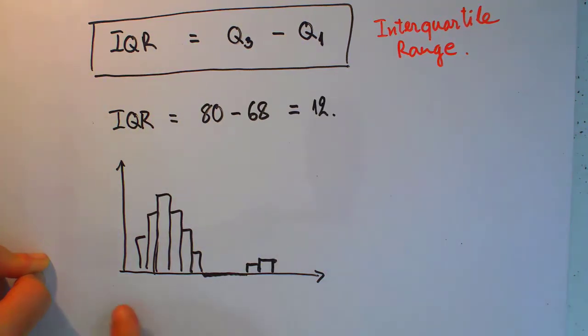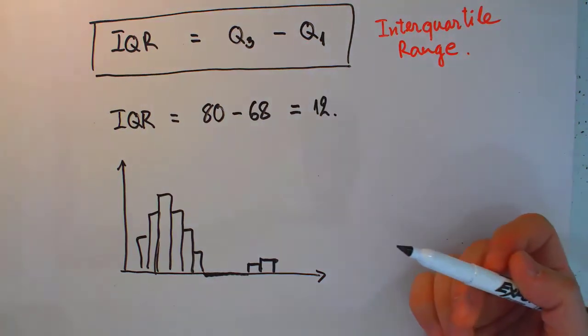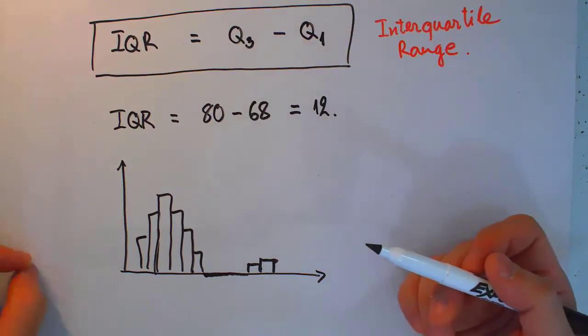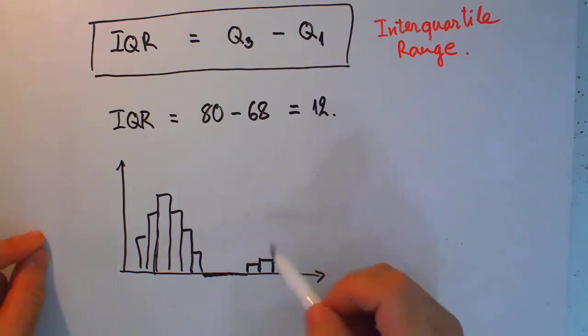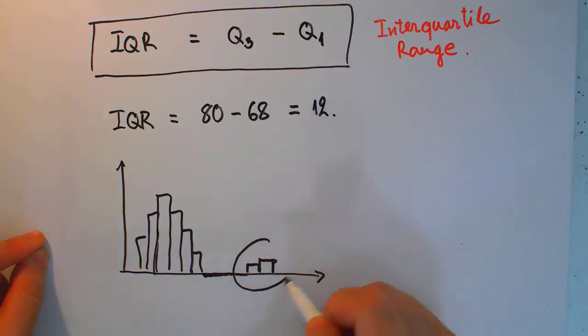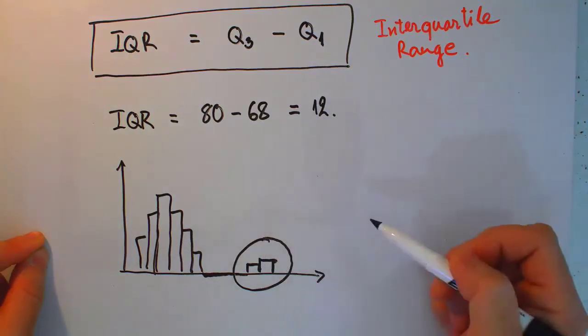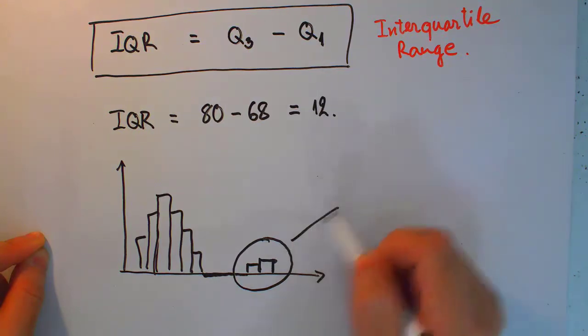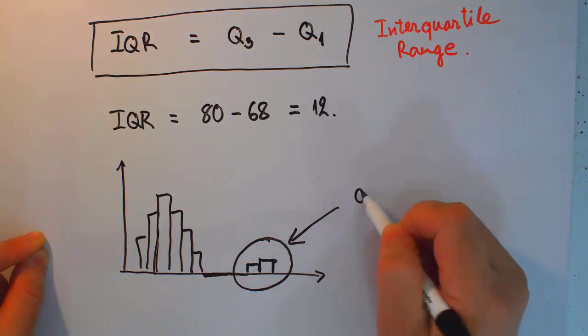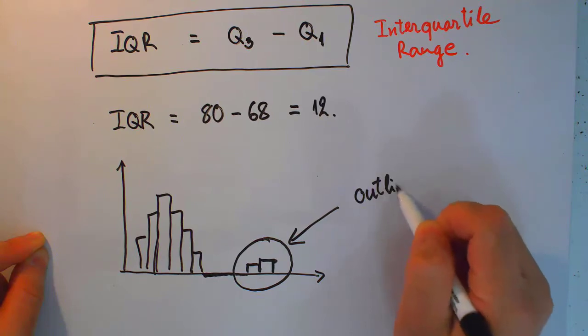A lot of the time it happens this way, quite commonly. It triggers our curiosity and attention. These lonely guys sitting out there, statisticians refer to as the concept of outliers.